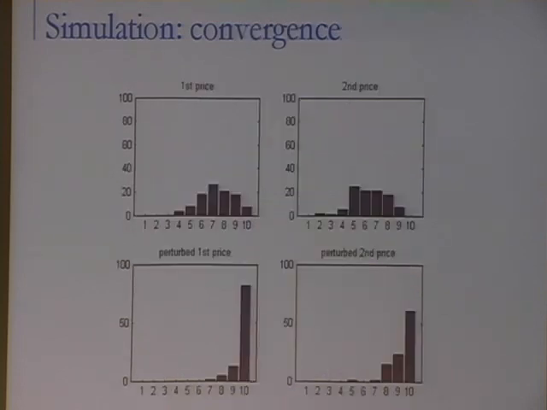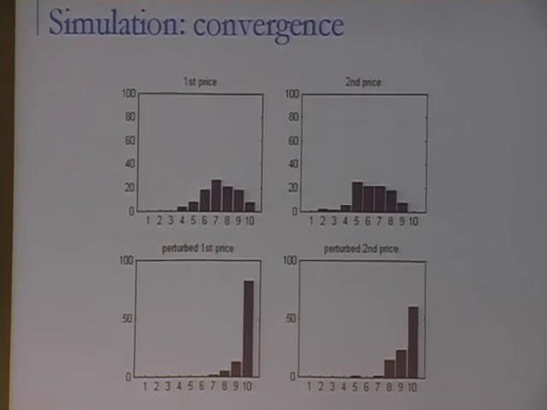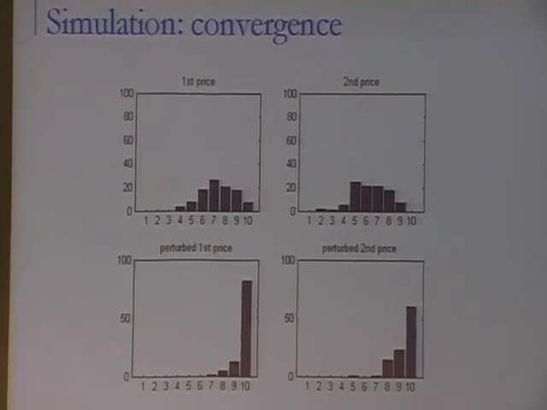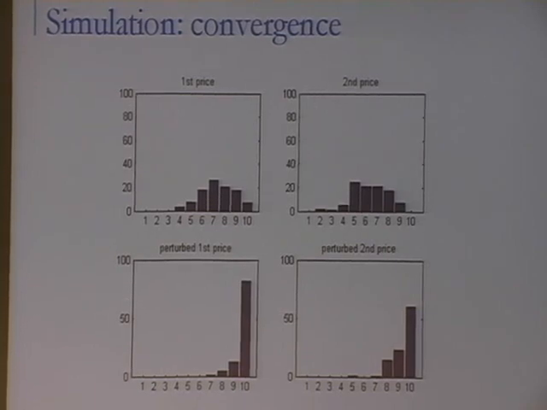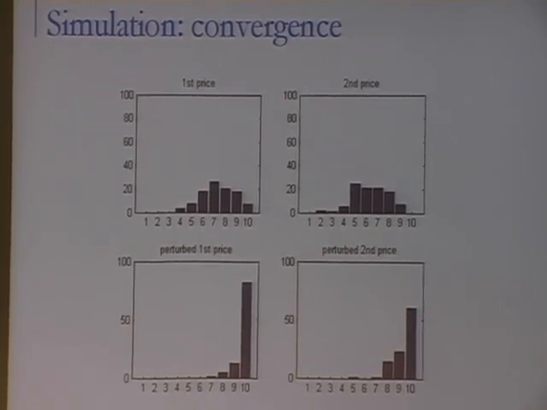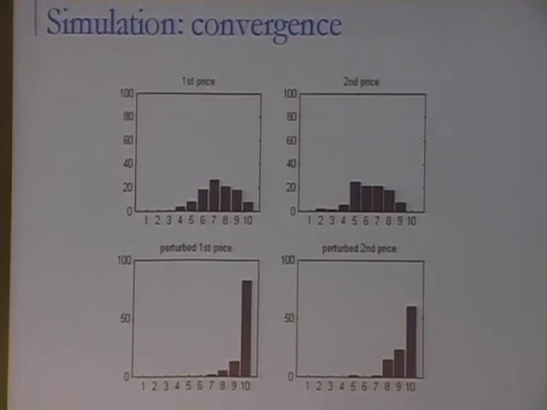Finally, we looked at the convergence properties of our algorithms. What do I mean by convergence? I'm looking at the same simulation setup I described in the last slide. I'm running the auction for 300 days, and I'm looking at how many advertisers actually ended up spending close to all of their budget and staying in the auction to close to the end of the day.